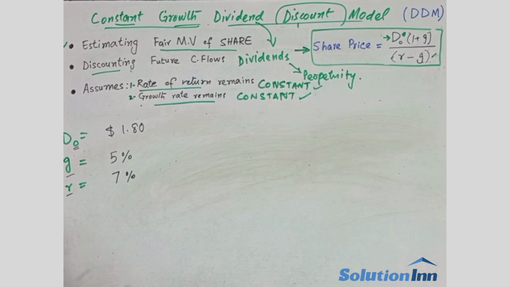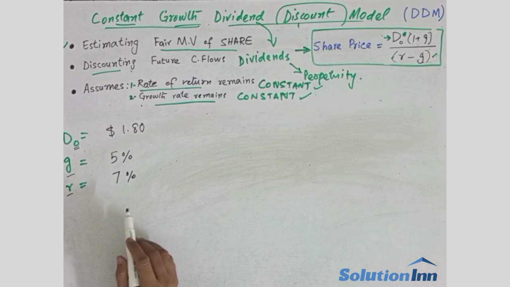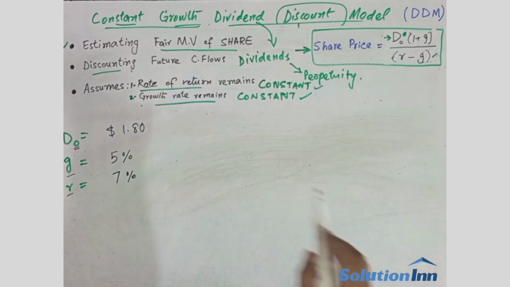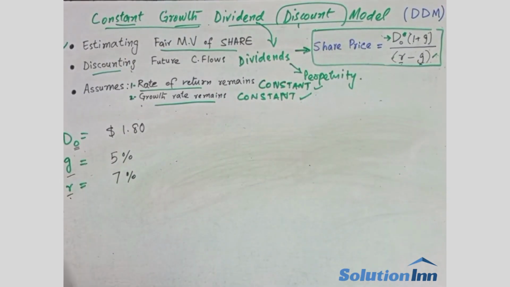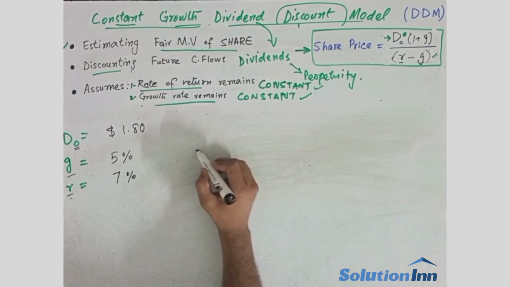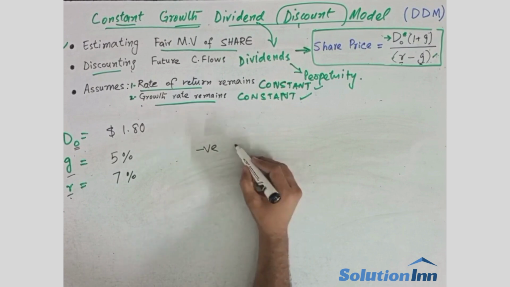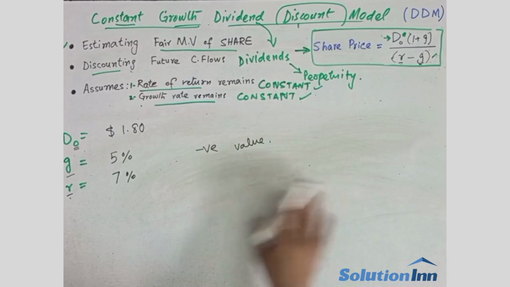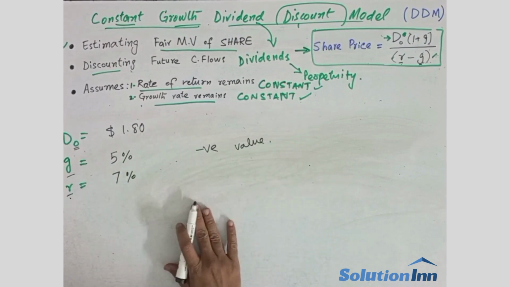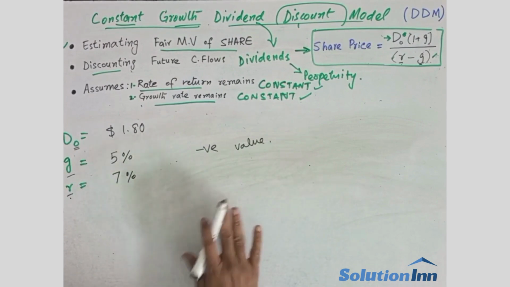Now, something we want to keep in mind is that since the formula uses R minus G, this means that R, the required rate of return, should be higher than the growth rate. Otherwise, the formula will produce a negative value. Technically this is not possible because in real life stock prices cannot be below zero.